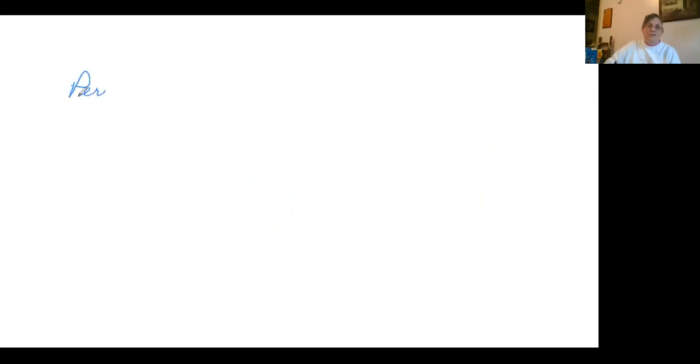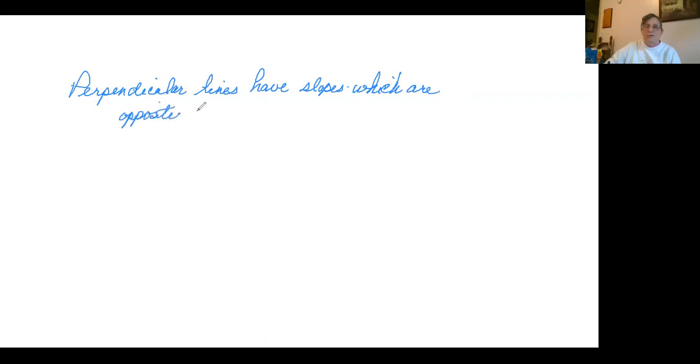Now, perpendicular lines have slopes which are opposite, which means different signs, and reciprocals, which means 1 over.